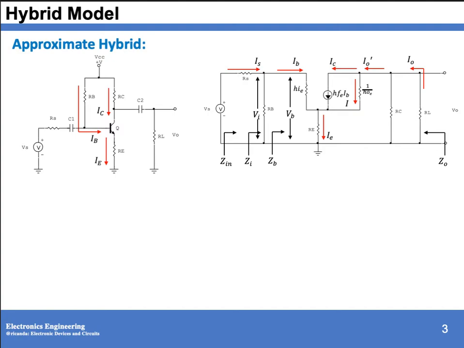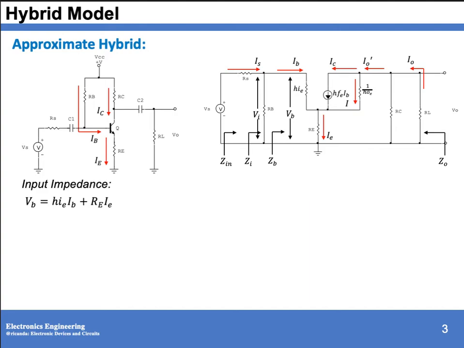So we begin our solution in solving for our input impedance. Before we can get impedance I and impedance IN, we first have to solve for the impedance of the base. First, we have to get the equation of the voltage at the base. It is equivalent to HIE IB plus RE IE.